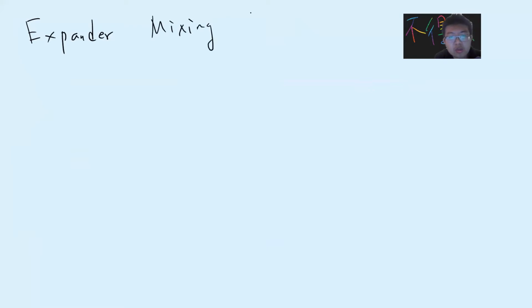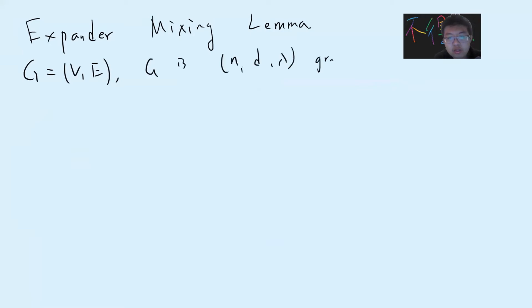This is our final result. Let's say G is an (n, d, lambda) graph, where lambda is the spectral gap, d is the regularity, and n is the number of vertices. For any S and T, subsets of V, we can define E(S,T).